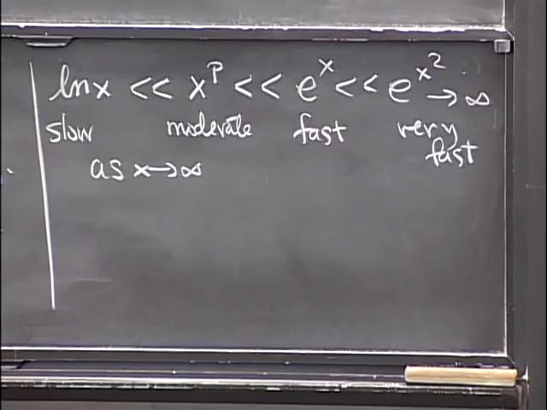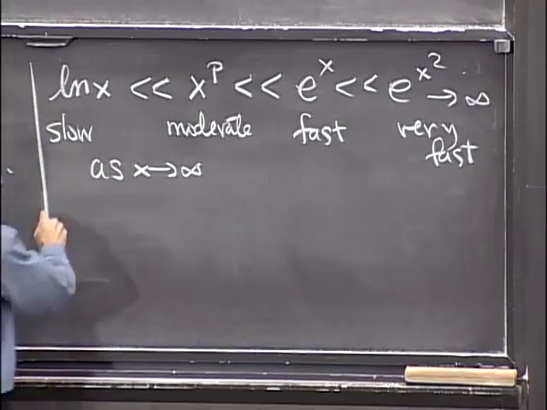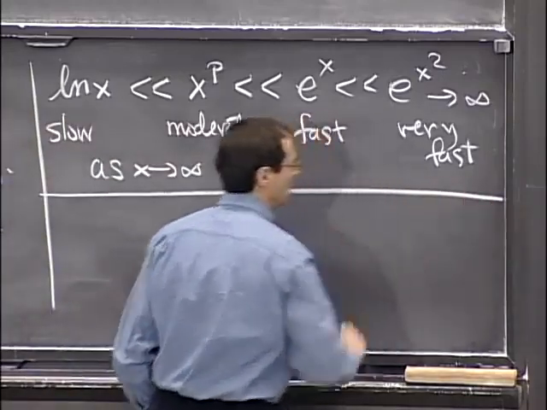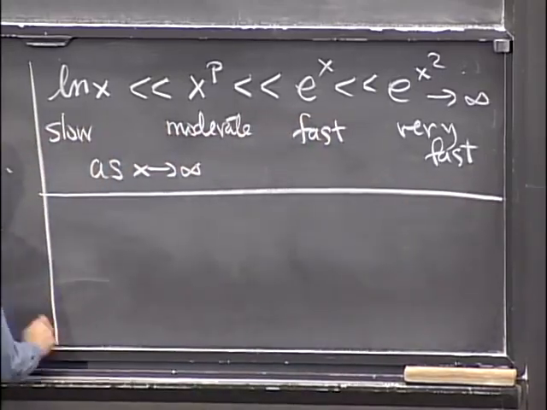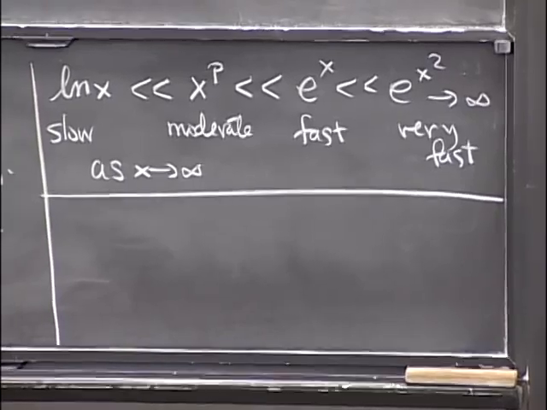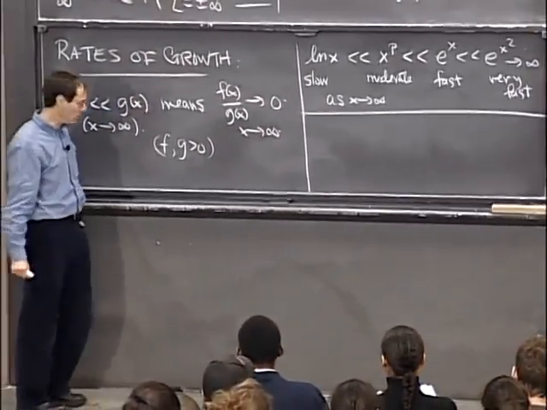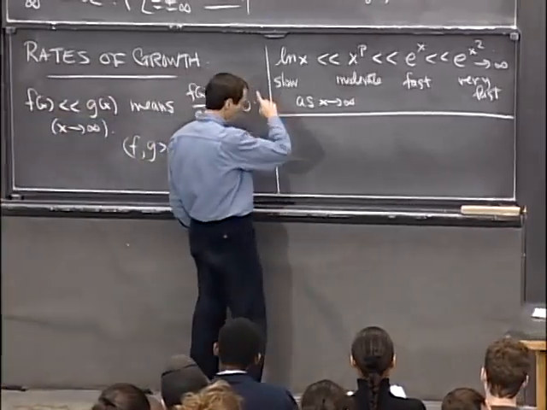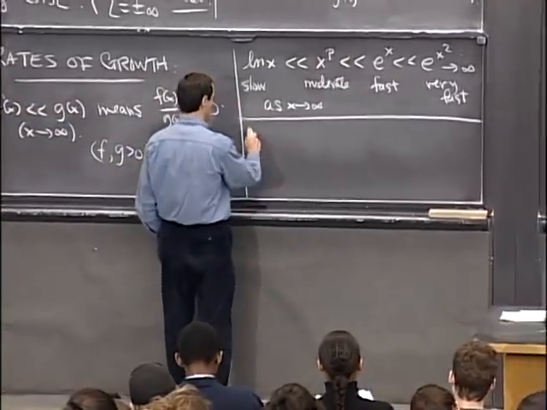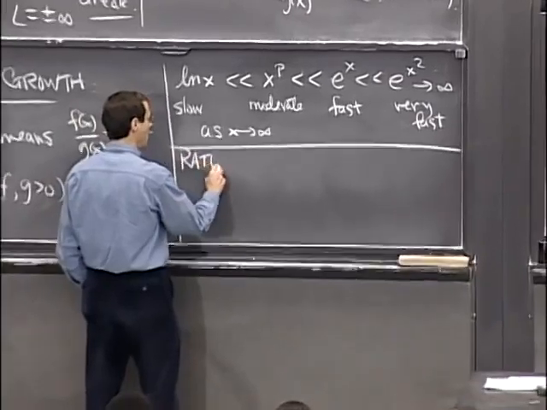And analogous to this, and today we're going to need to do this quite a bit, is rates of decay, which are more or less the opposite of rates of growth. So rates of decay are rates at which things tend to zero.